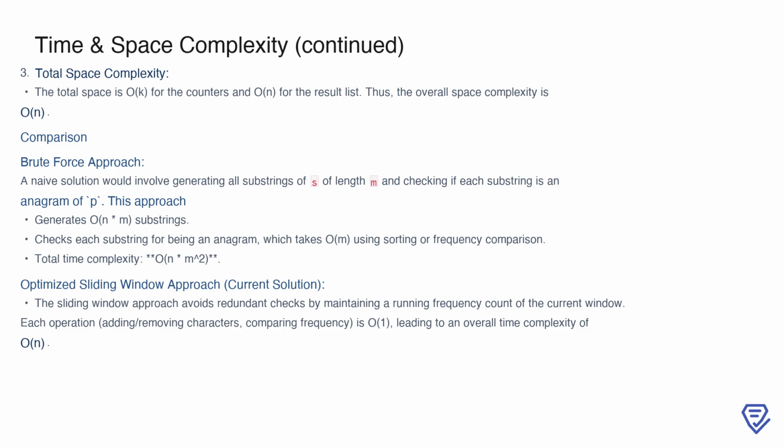This results in a total time complexity of O(n times m squared). In contrast, the sliding window approach is far more efficient. By maintaining a running frequency count of the current window, we avoid redundant work. Updating the window and performing frequency comparisons are both O(1) operations, making the overall time complexity O(n).